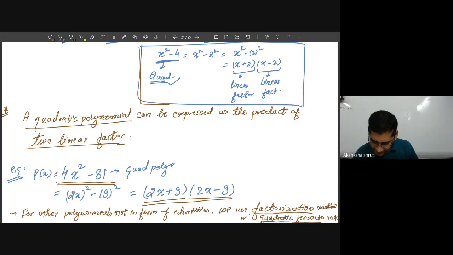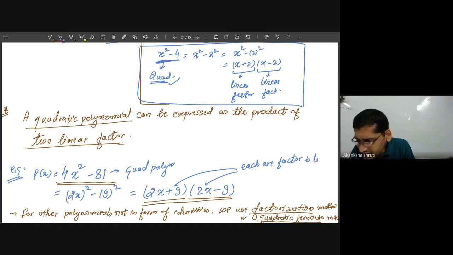Each of these two is a factor. But students, the important thing is that these factors are linear. But when these linear factors are multiplied together, only then can they give the quadratic.